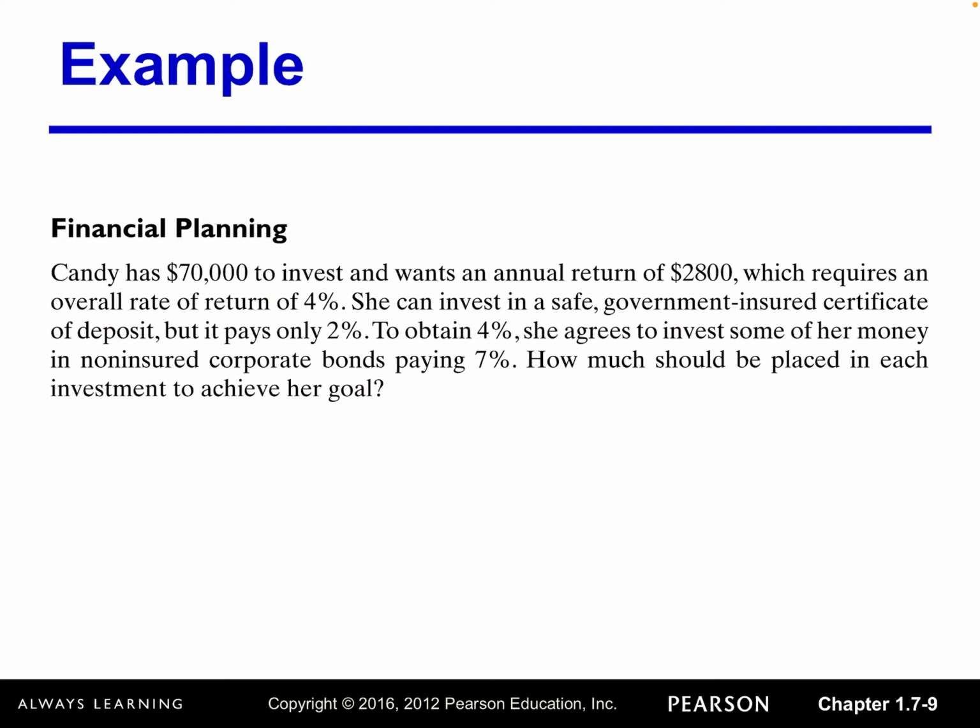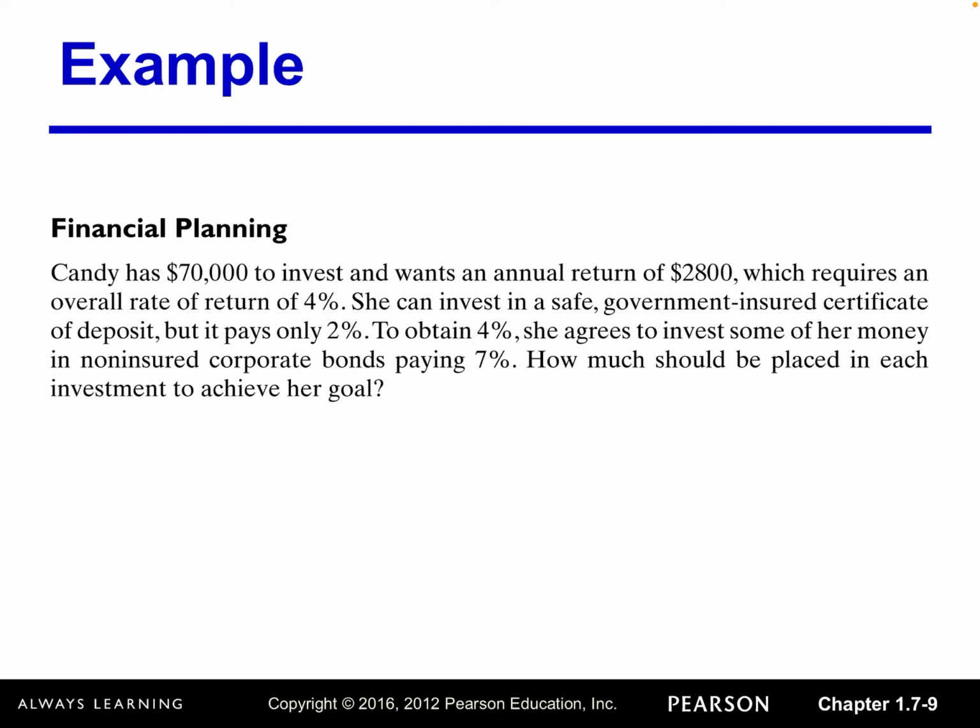She can invest in a safe government-issued certificate of deposit, but it pays only 2%. To obtain 4%, she agrees to invest some of her money in non-insured corporate bonds paying 7%. And the question is, how much should you place in each investment to achieve her goal?